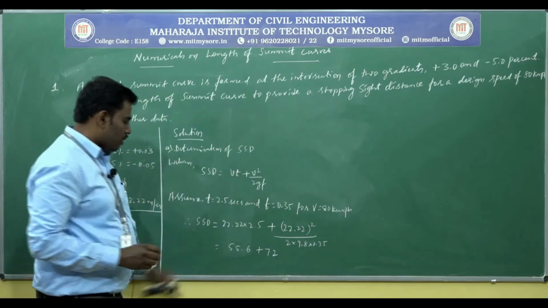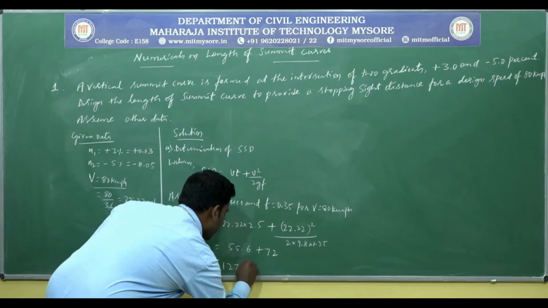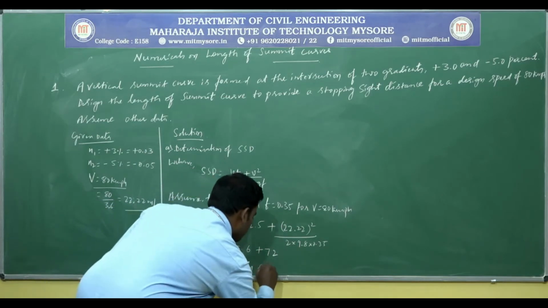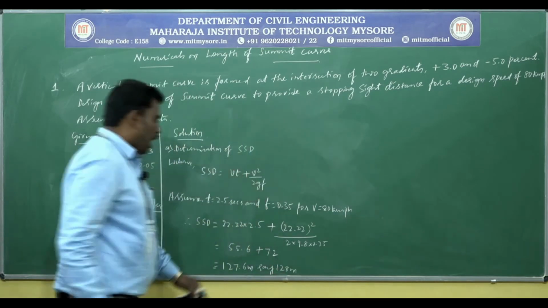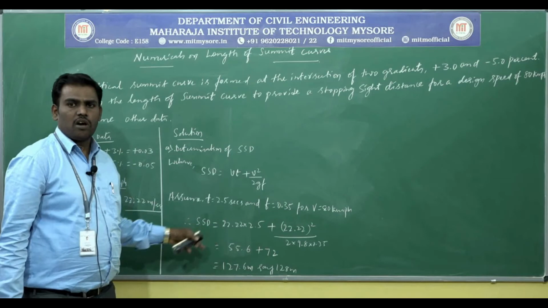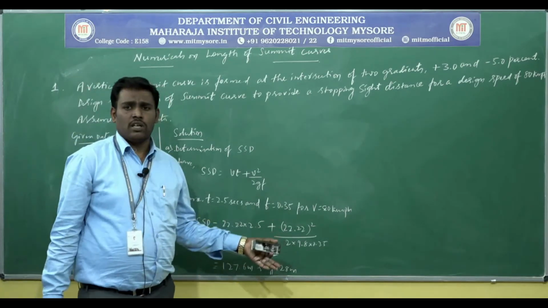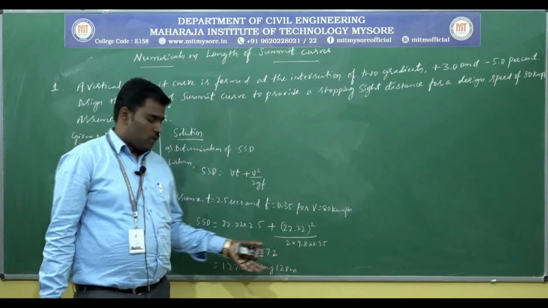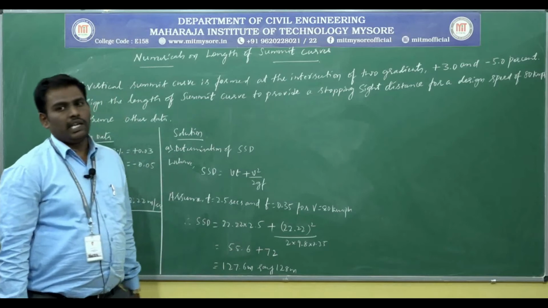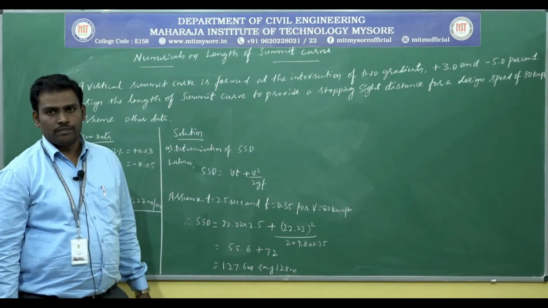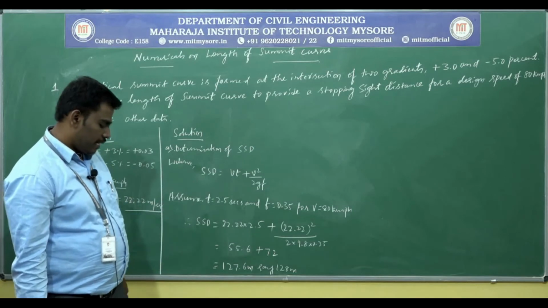If you sum it up, you may get about 127.6 meter, say 128 meter, because always round off the stopping sight distance and the overtaking sight distance to the next higher whole number. This is regarding the stopping sight distance.